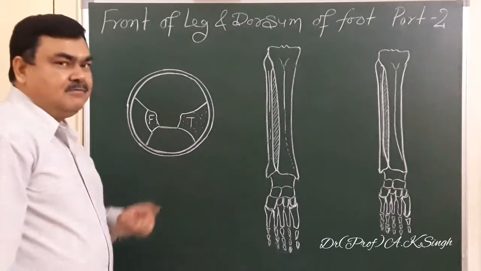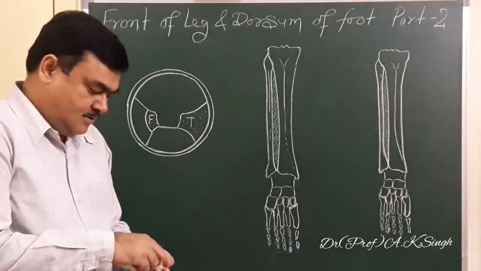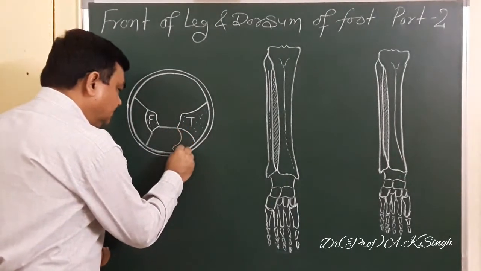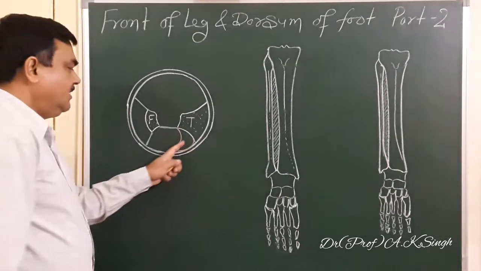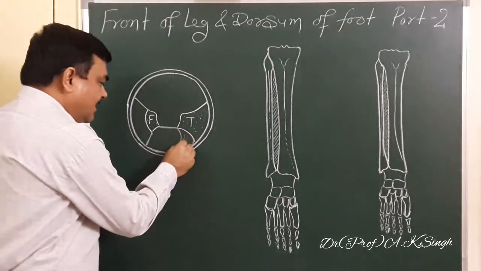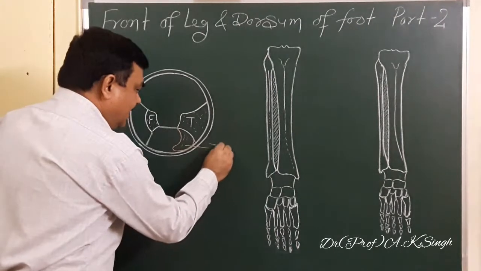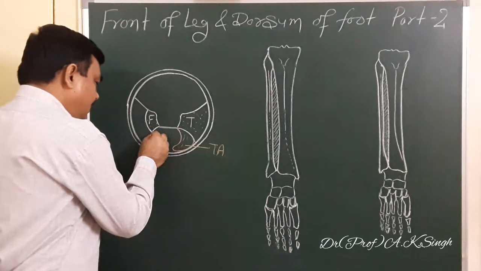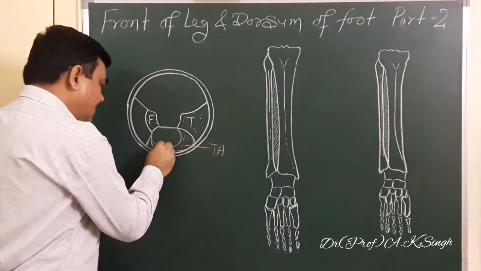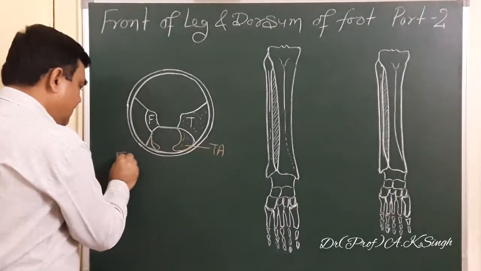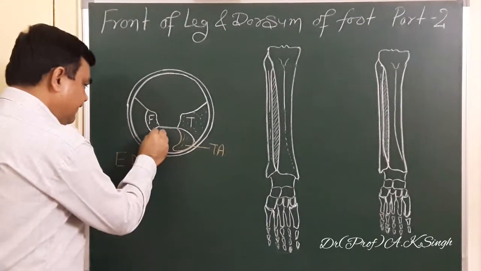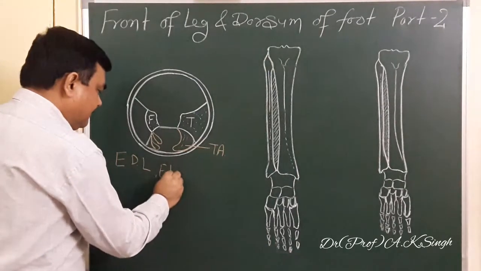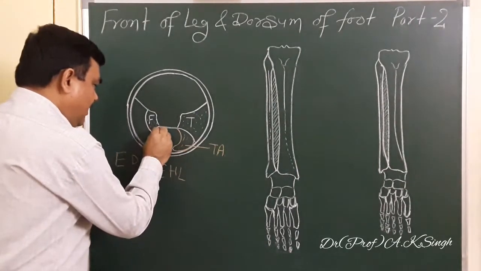And now, the contents of this you will see here. This is the tibialis anterior muscle. Here you will find extensor digitorum longus, extensor hallucis longus, and peroneus tertius.